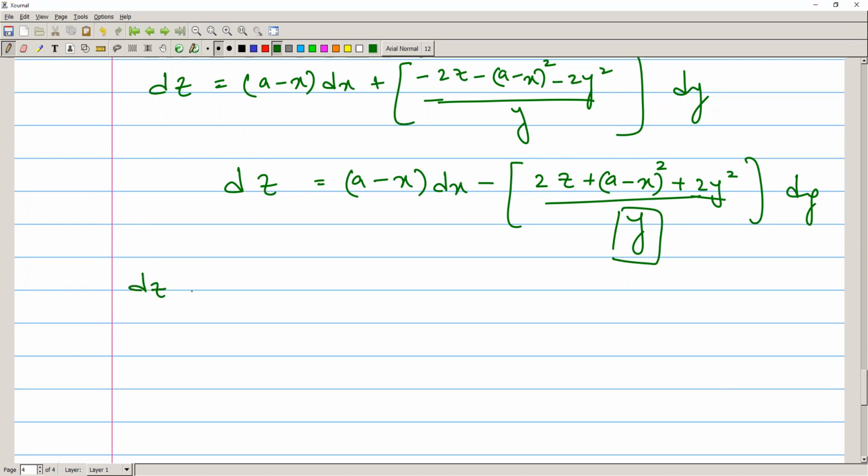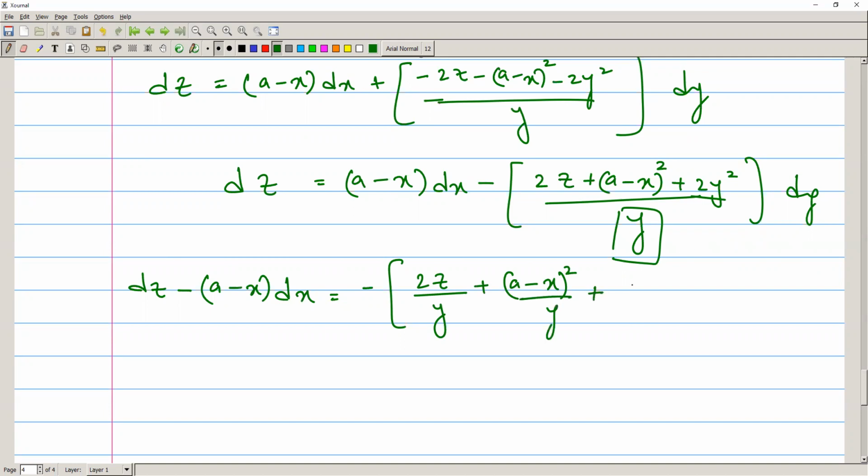So dz minus, now I'm shifting this to the left hand side, and now I will be left with, so I can write it like this: 2z over y plus a minus x squared over y plus y squared over y plus y squared over y.